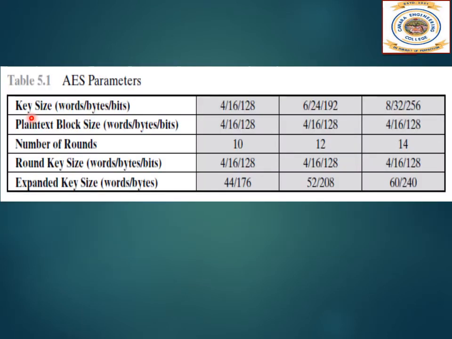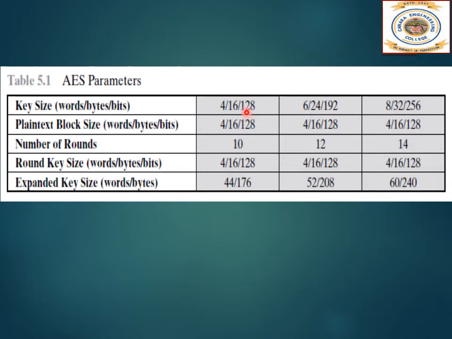Now in this table, we can see the AES parameters. First we will see the key size. Key size we can refer to either as words, bytes or bits. Let us start with the bits. If you have 128 bits, it is called 16 bytes or 4 words. 128 bits, if I convert into bytes, what do I have to do? 8 bits is 1 byte, right?